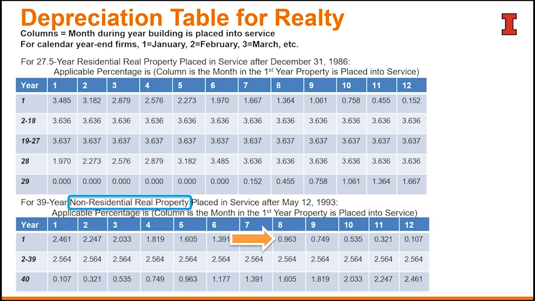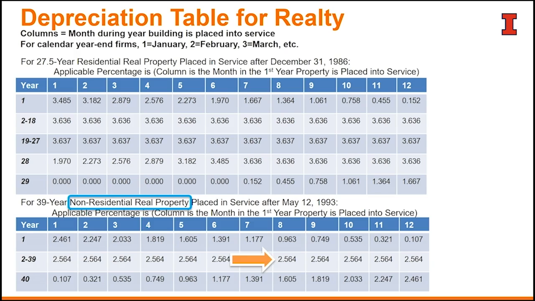If it's the first year you place the asset into service, then the depreciation rate is at the intersection of column 8 and row 1, or 0.963%. You would multiply 0.963% by the basis in the apartment building to figure out the depreciation deduction for year 1.